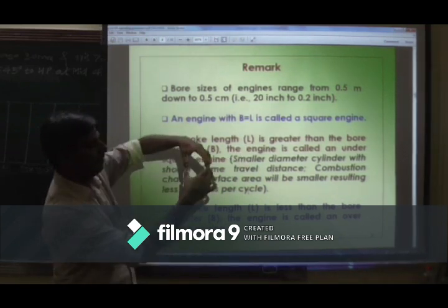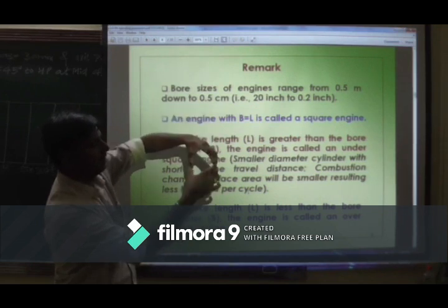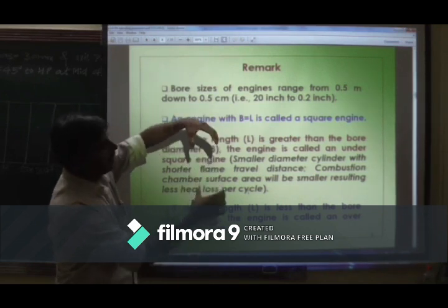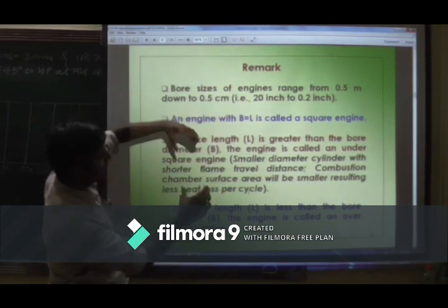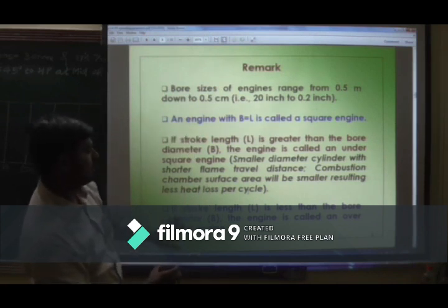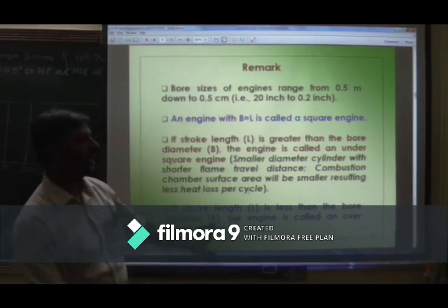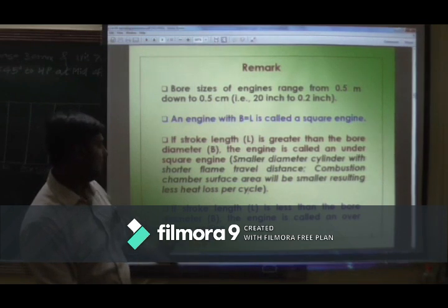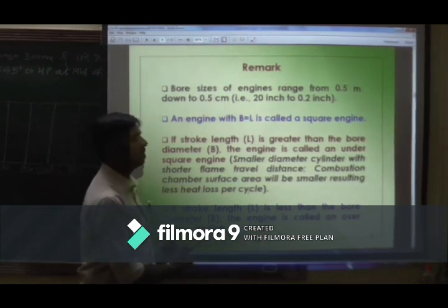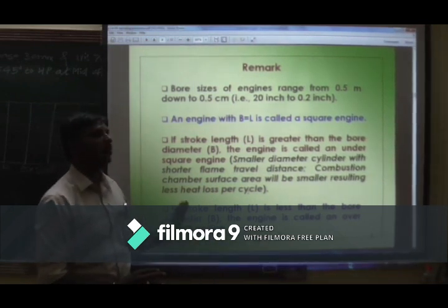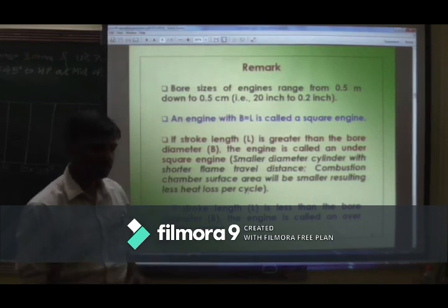That means it is a taller engine comparatively, like this. And when stroke length is less than bore diameter, that is over square engine. So you have to remember this for the online exam. They will ask this.